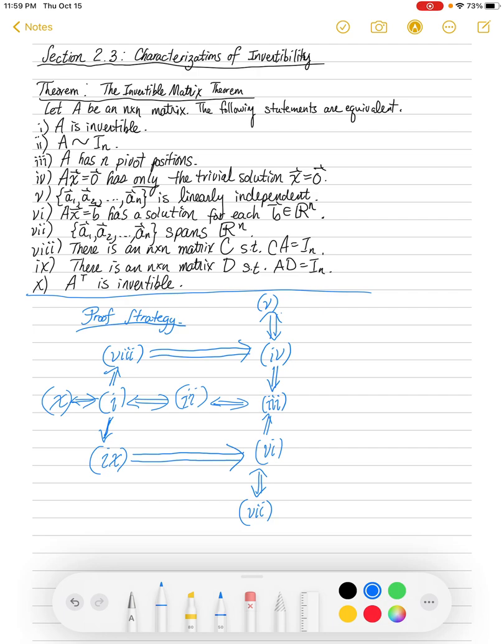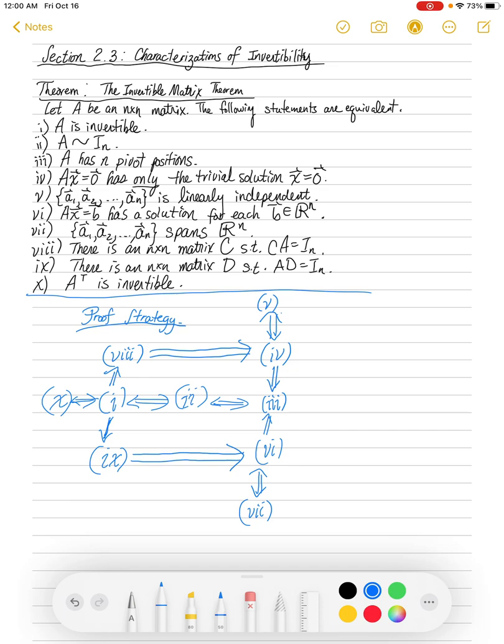Number six, the linear system AX equals B has a solution for every vector B in Rn. That's the same as saying that A, the coefficient matrix for that linear system, is invertible. What else is the same as saying that A is invertible? Number seven, the columns of A span Rn, or the set containing the columns of A spans Rn.